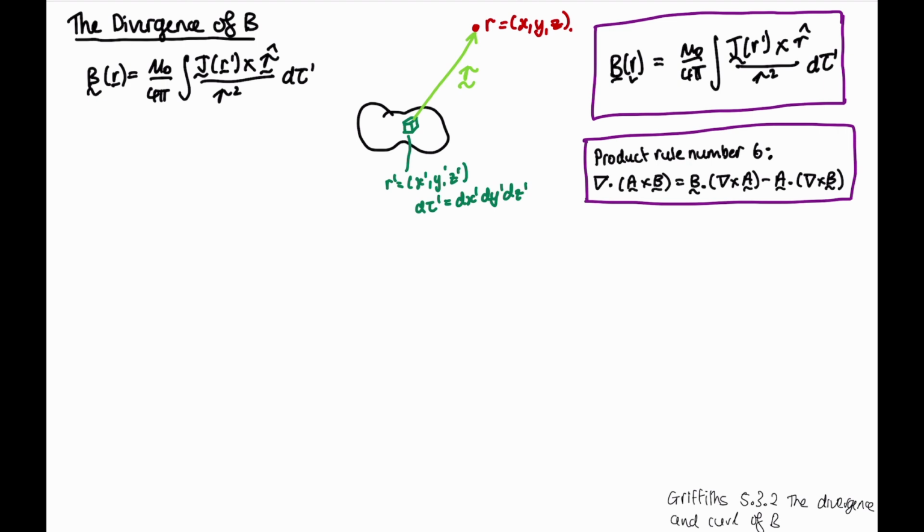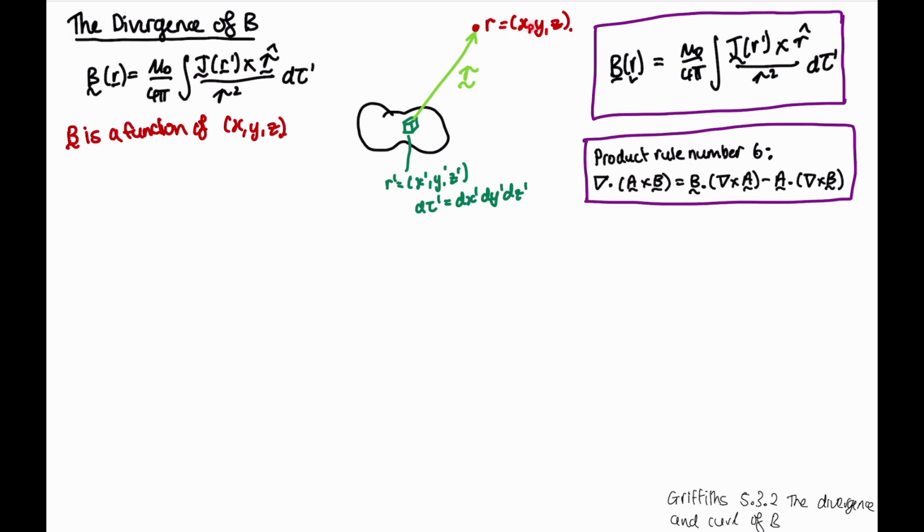So B is a function of X, Y, and Z because it depends on where we're measuring it. So it's not a function of these primed coordinates. It doesn't matter what this current density is.